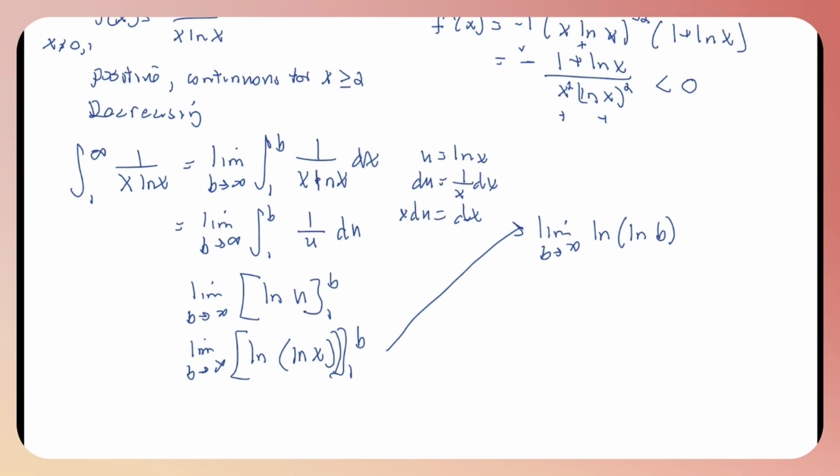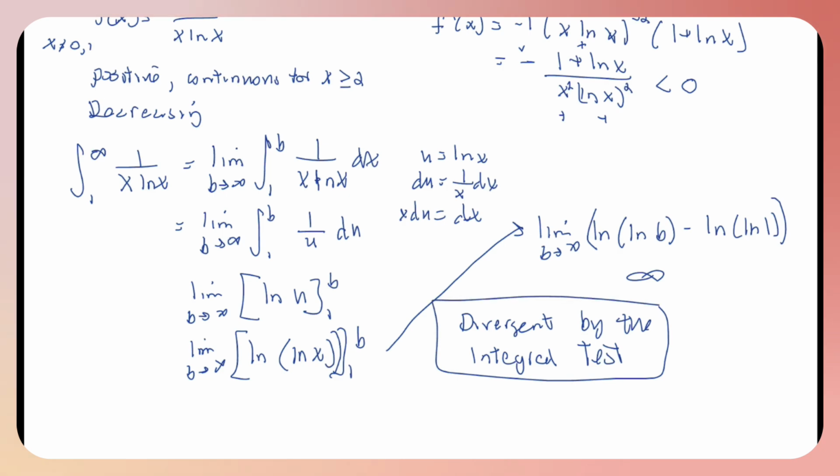So we know the natural log of 1 is 0. So the second term is 0, but we know the natural log of b is infinity, and the natural log of infinity is infinity. And so we know this has to diverge to infinity. So our conclusion would be this series diverges by the integral test.